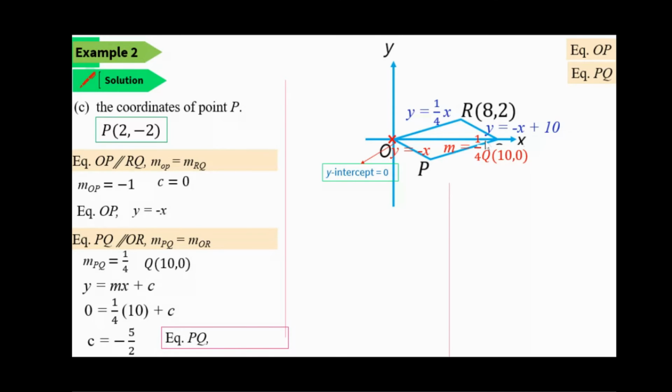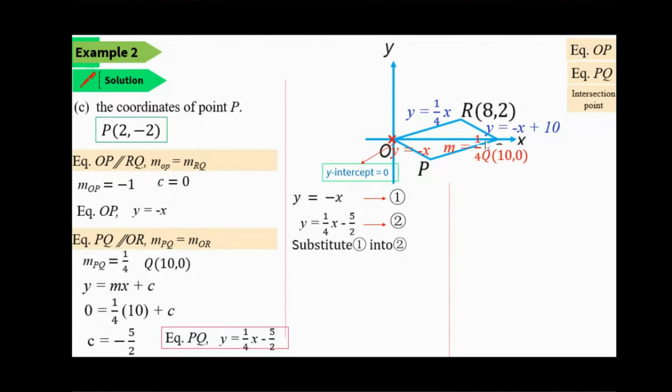Lastly, we need to determine the intersection point. Okay, here we have two equations. We have two methods to solve the simultaneous linear equations: substitution or elimination method. Since both equations have y as the subject, we directly use the substitution method.